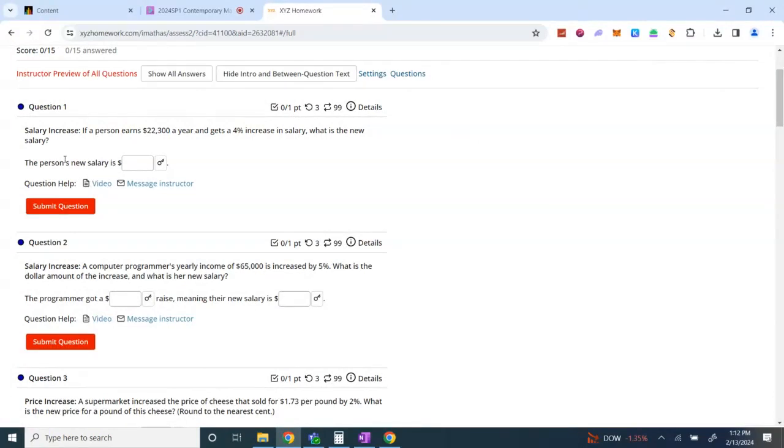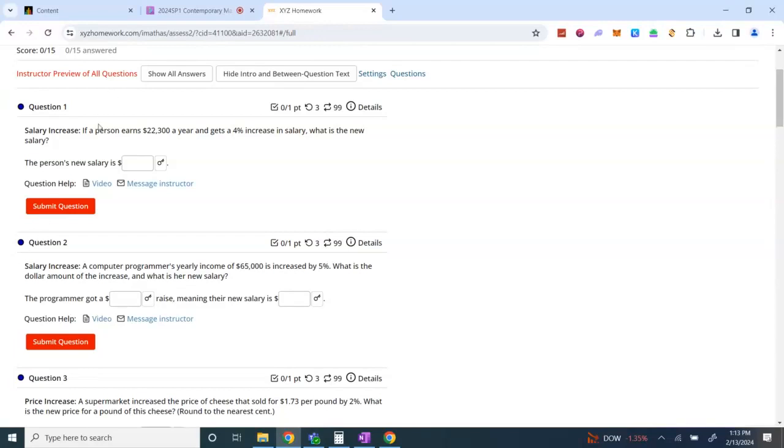So that would be whatever that salary increase is on top of what the person already makes. On other examples, they simply want the amount of the increase. Okay, so keep that in mind. Some of these things want the total amount, and then some of them are simply just asking for the amount of the raise or increase or decrease.